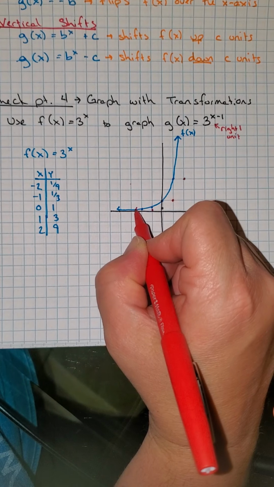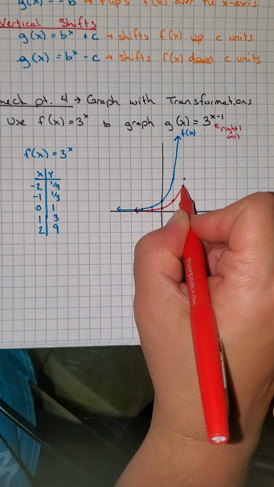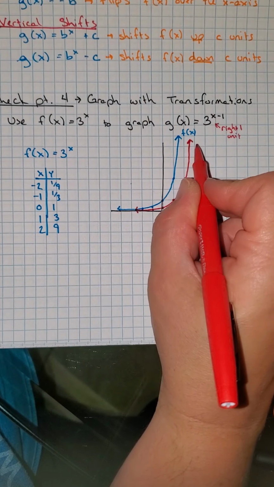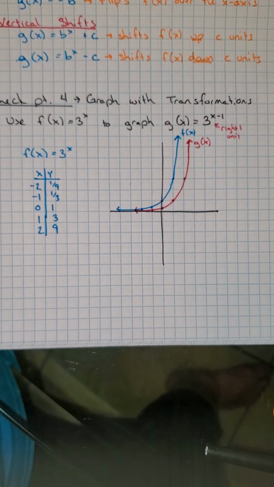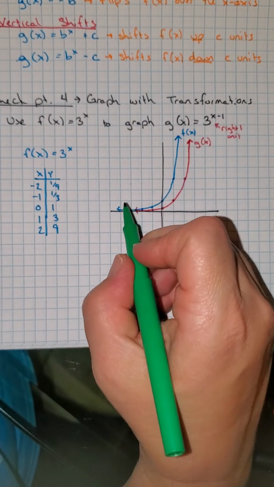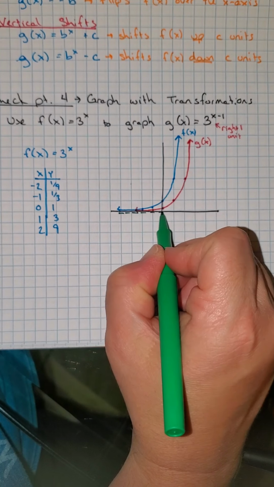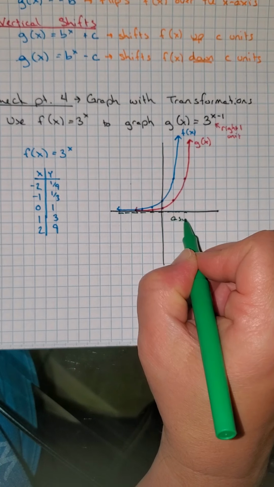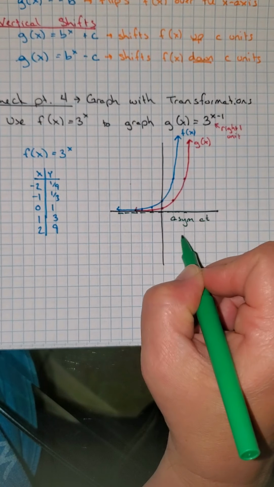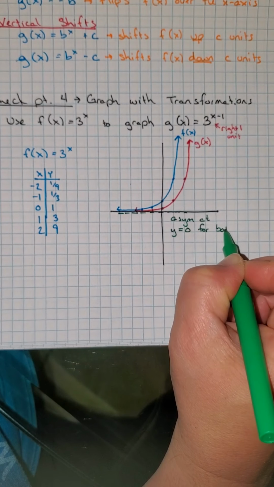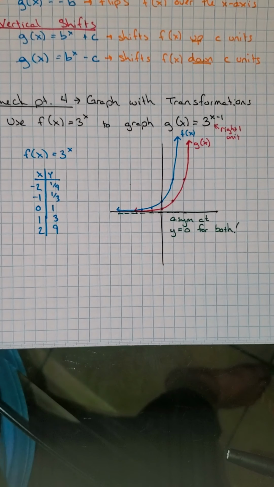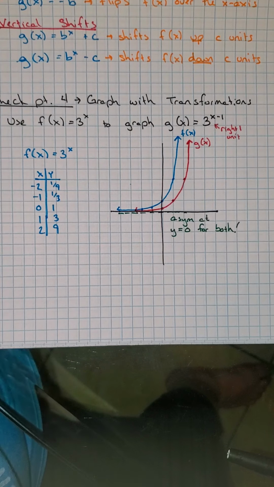And when we're doing this, the asymptote will actually stay the same. When you shift to the right, the asymptote stays at y equals 0. Okay, so both of them have an asymptote at y equals 0.